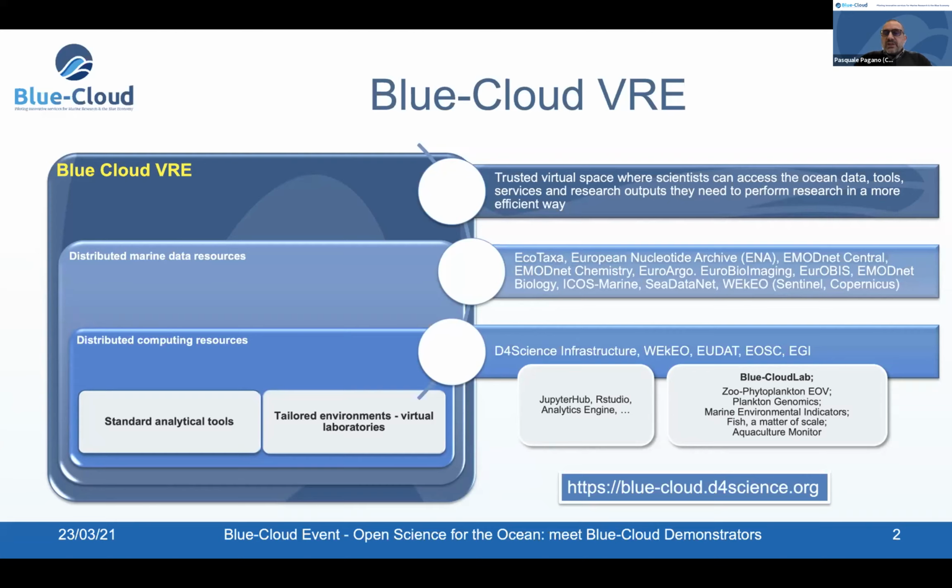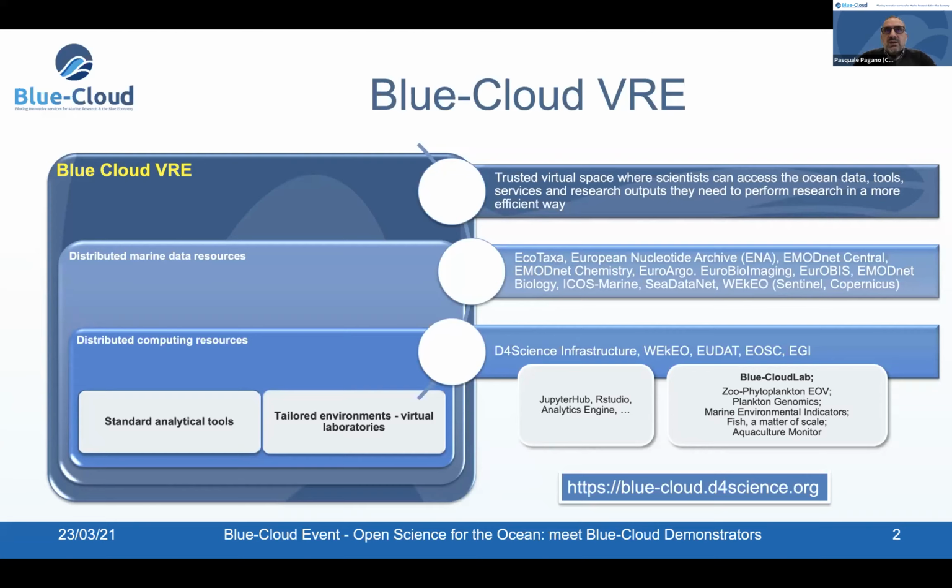So for this, we are federating services from many digital infrastructures, starting from the European Open Science Cloud, but also EGI, EUDAT, the computational and storage resources from Wekeo, and all of them are orchestrated and made accessible through the D4Science infrastructure that integrates standard tools that many researchers already use on their desktop.